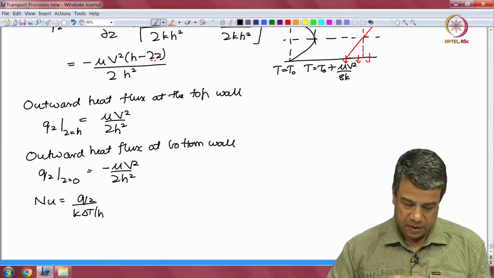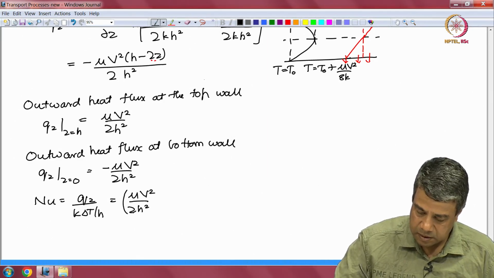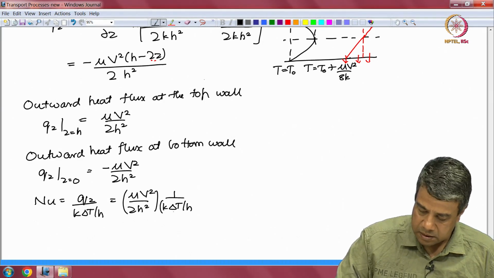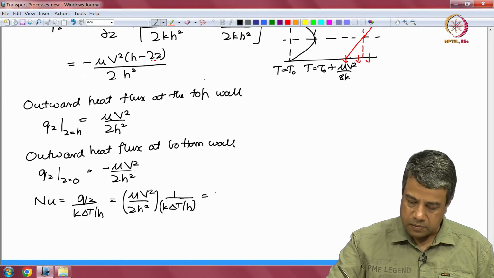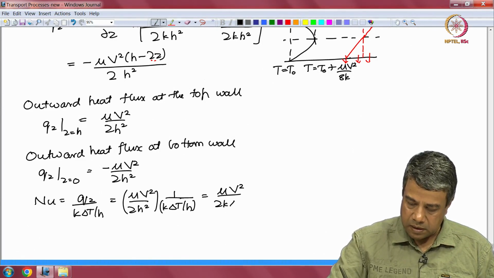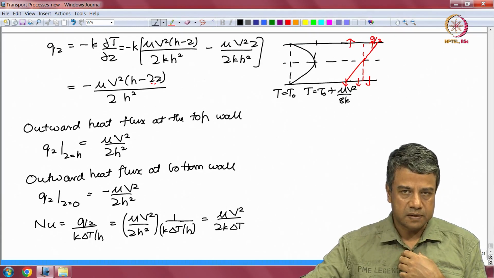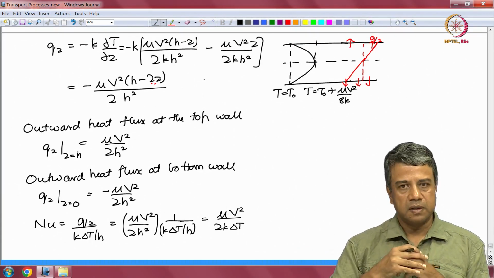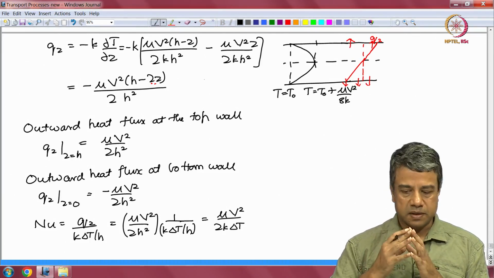So, this is equal to mu v square by 2h square into 1 over K delta T by H, is equal to mu v square by 2 K delta T, where delta T may be any applied temperature difference. So, if you solve this problem for difference in temperature between the fluid and the wall, that delta T is the applied temperature difference.